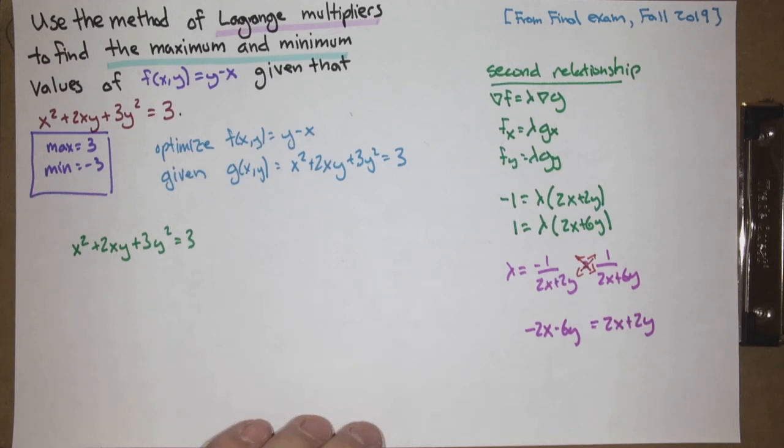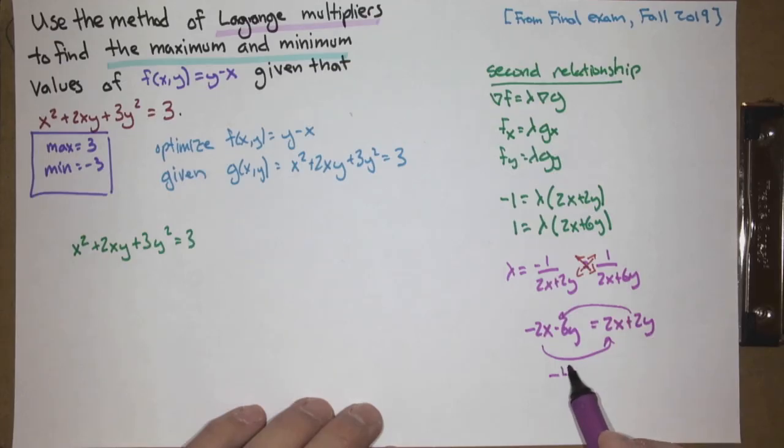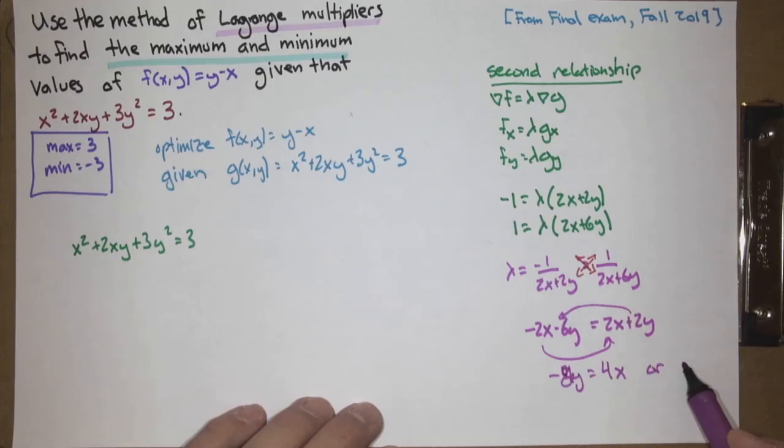Well, we're almost there. We move terms around, and if we do that, we'll get minus 8y, because we subtract 2y. Minus 8y equals positive 4x, or x equals negative 2y.